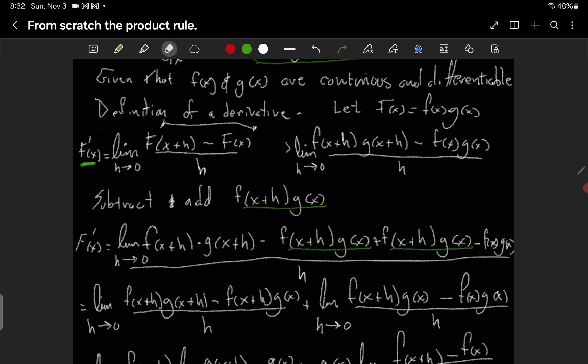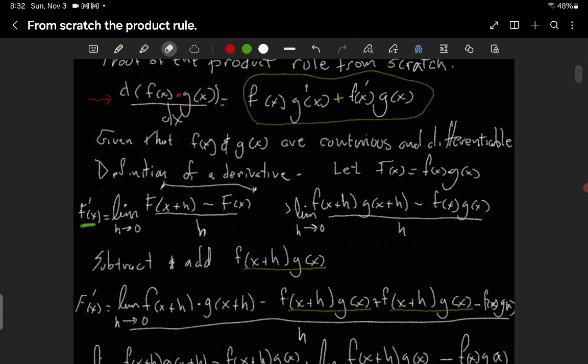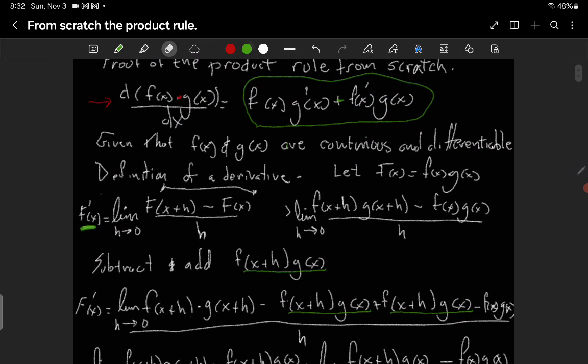Now I'm going to take capital F of x, remember what I let it equal to. So F of x is right here. See it? So capital F of x is equal to little f of x times g of x. So I'm just going to replace capital F of x with what it equals.